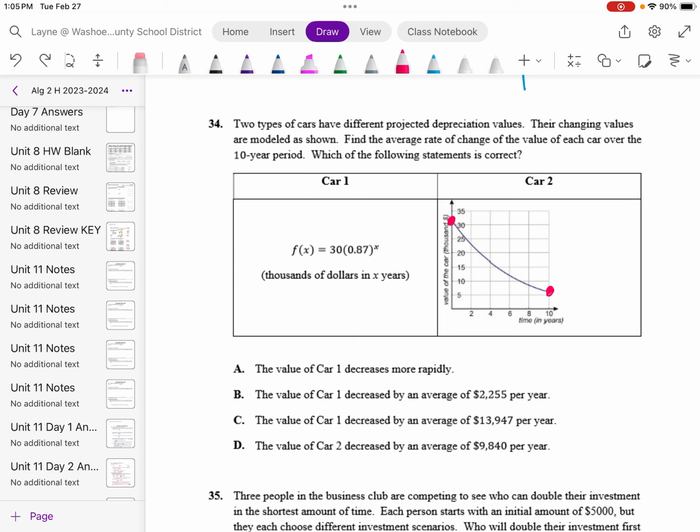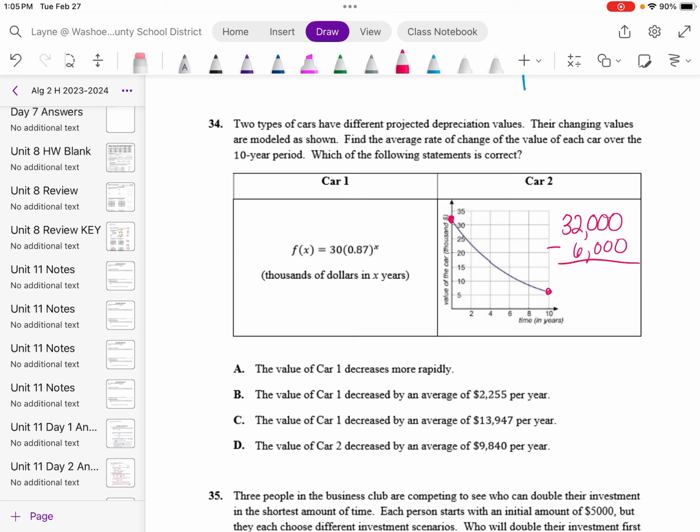So the car started at about, let's call that 32,000. And then it went down to, what do we think, 6,000? Yeah, we'll call that 6,000. So it went down a lot.